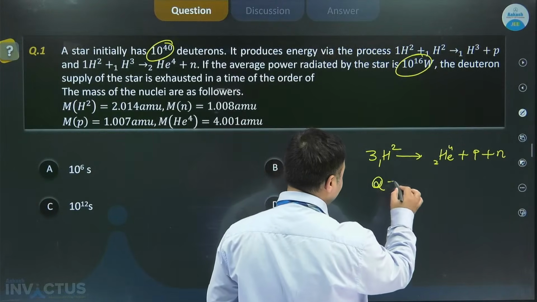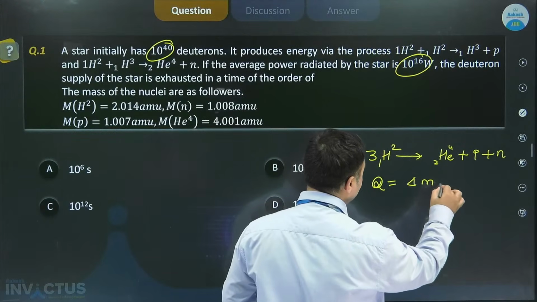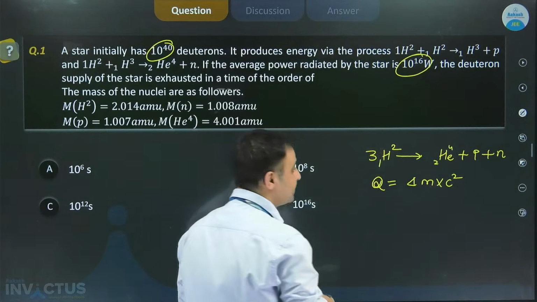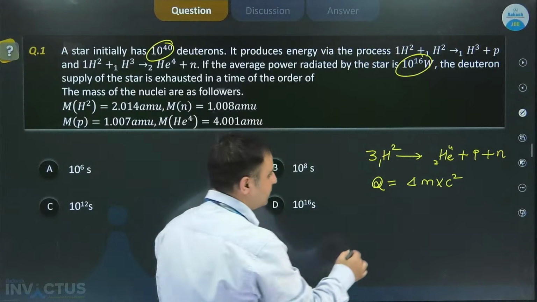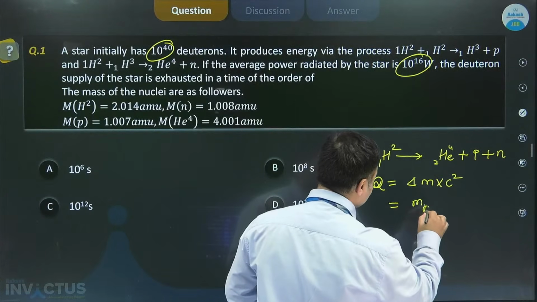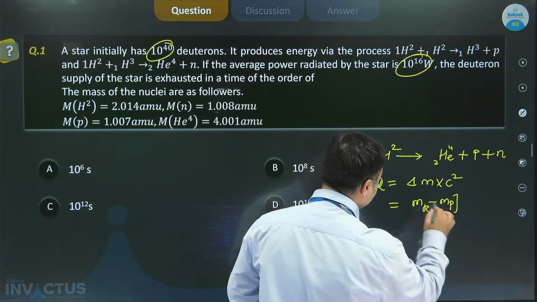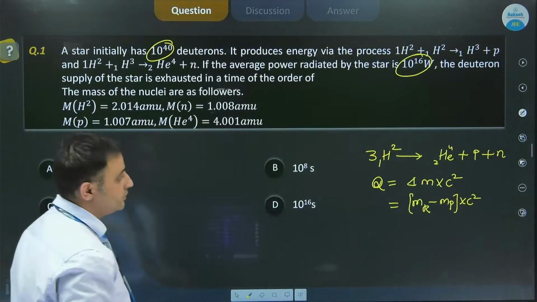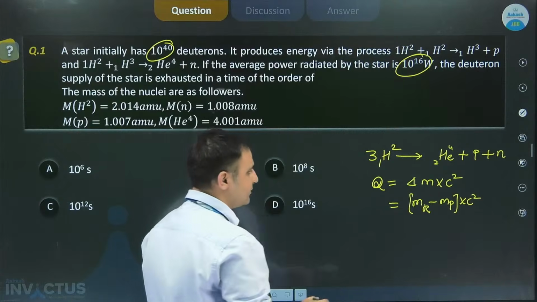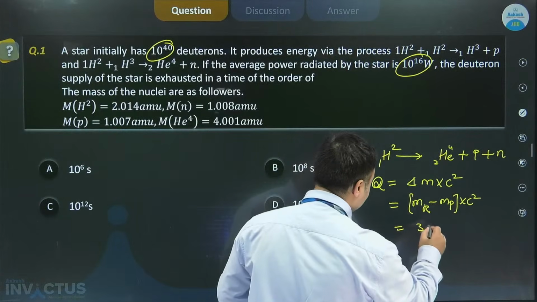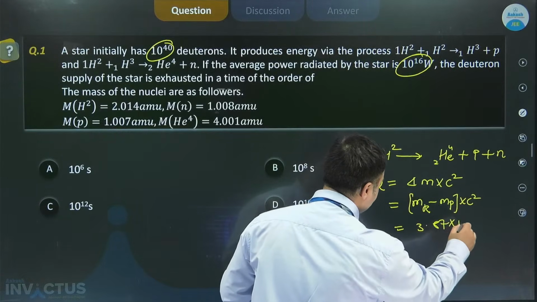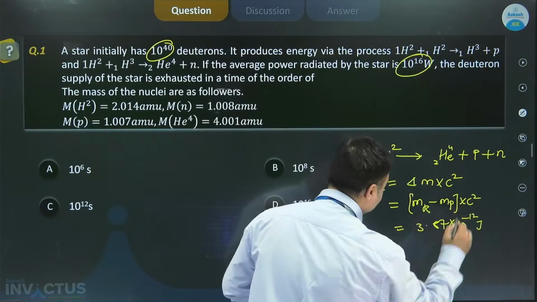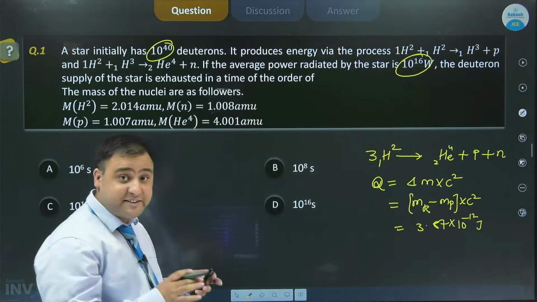The Q value of this reaction is delta m into C square, where delta m is the mass difference. So this can be written as mass of reactant minus mass of product into C square. Now masses are given in the question. So on putting the masses, this Q value comes out to be 3.87 into 10 raised to the power minus 12 joule.